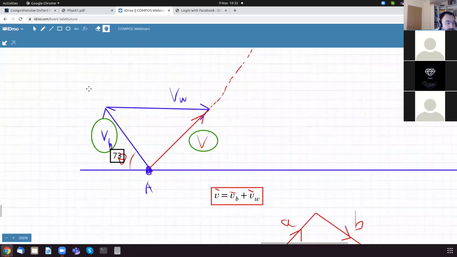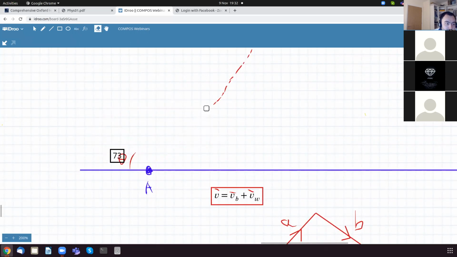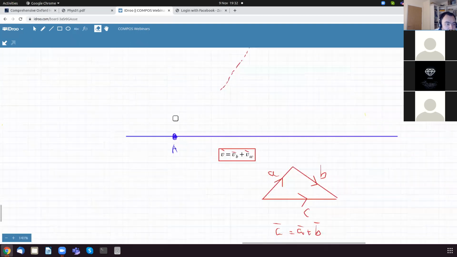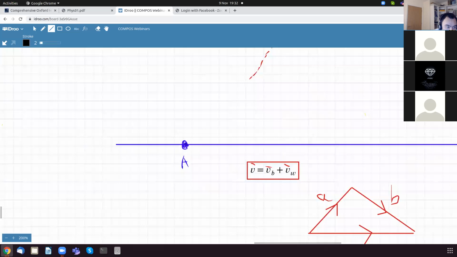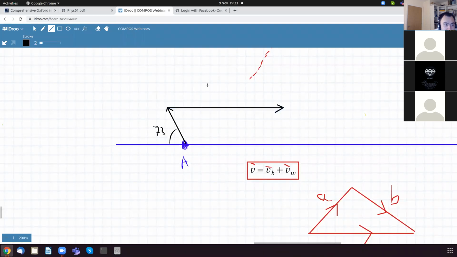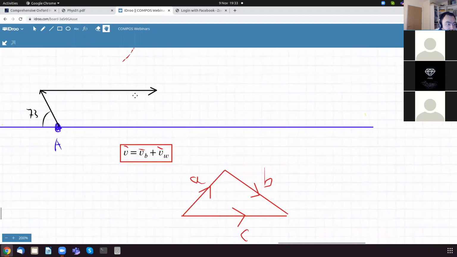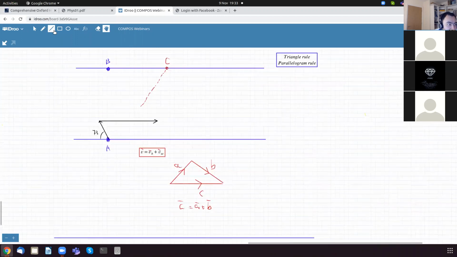And in that way, this is 2. This is the speed of the boat. This is 73. The river is 7. It's approximately like this. And the drift would go like this.